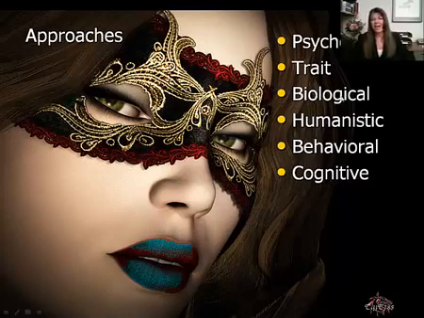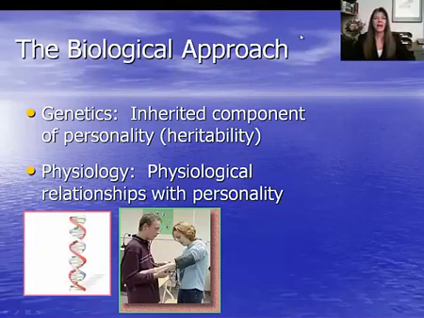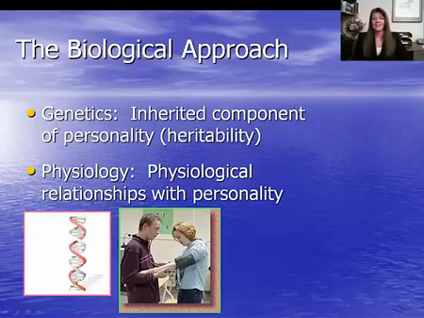So we're looking at the biological approach now, and those two foci. Genetics, of course, being the inherited component of your personality, heritability, and also remember physiology. So how is your physiology related to your personality?